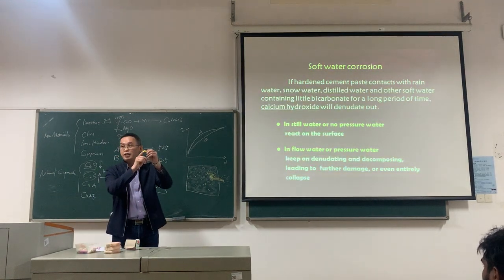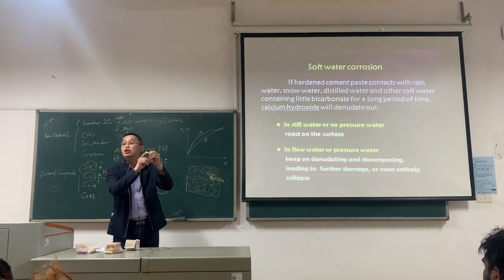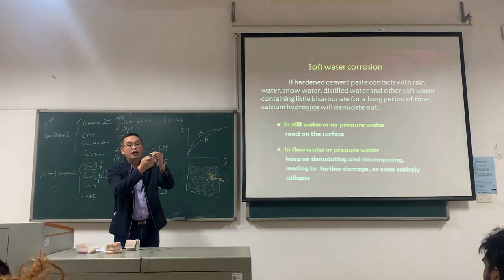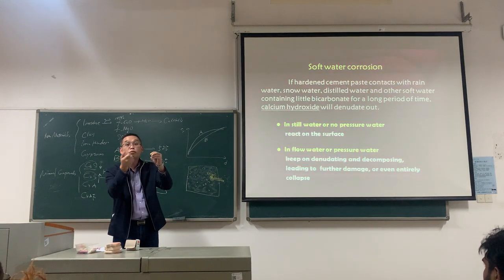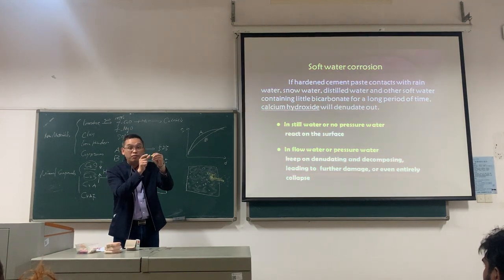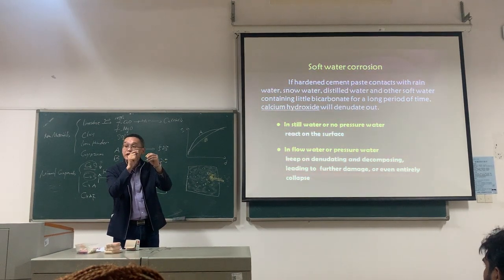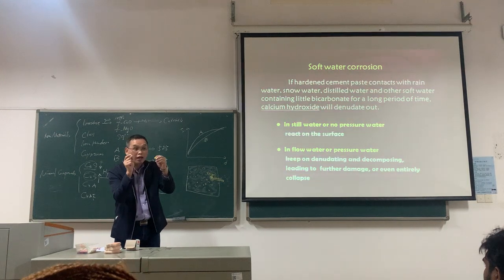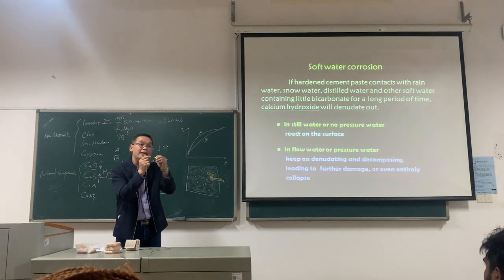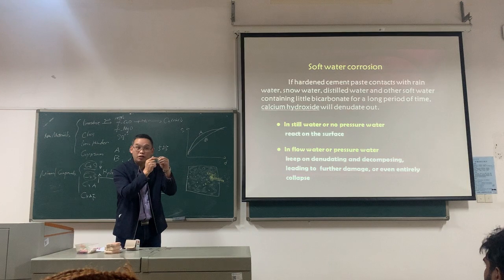This is the calcium hydroxide. It's a solid, but it dissolves and moves out. So the solid volume will become smaller and smaller, and then become a pore. It will become another pore, and then the water will come in also.